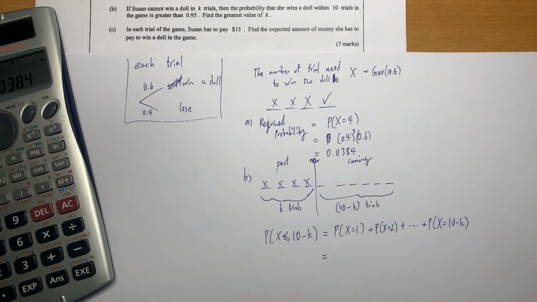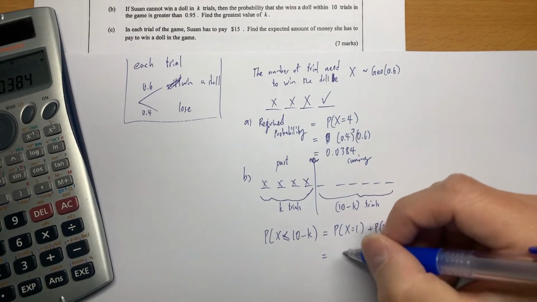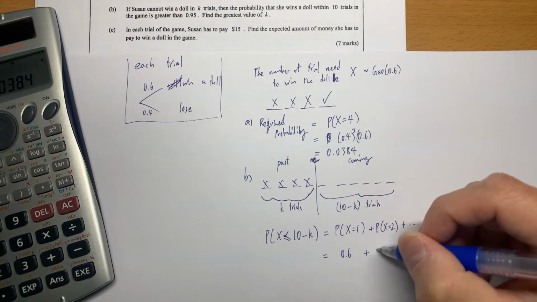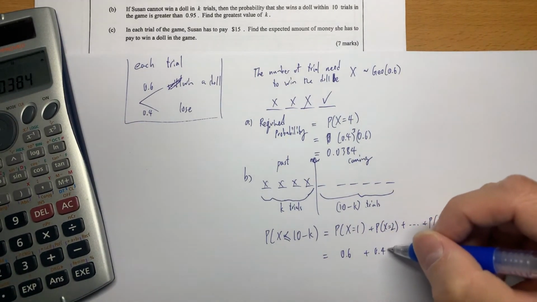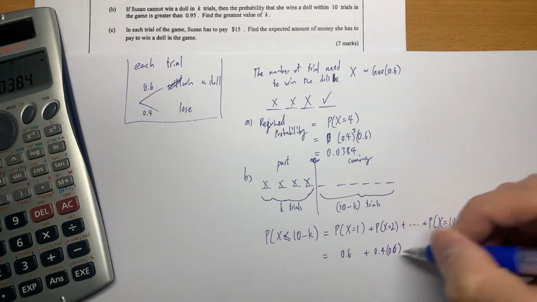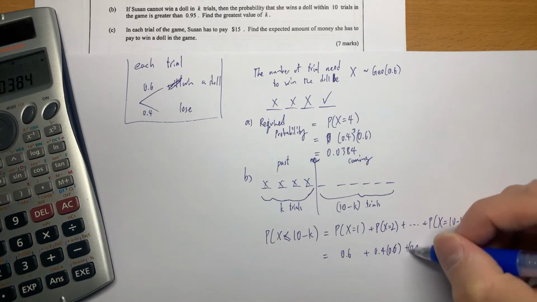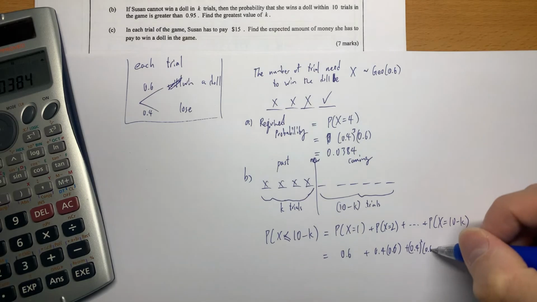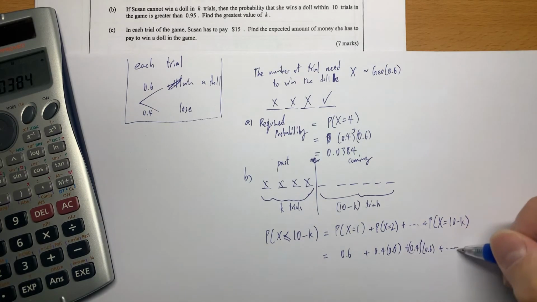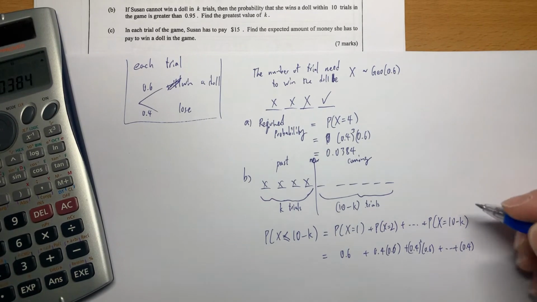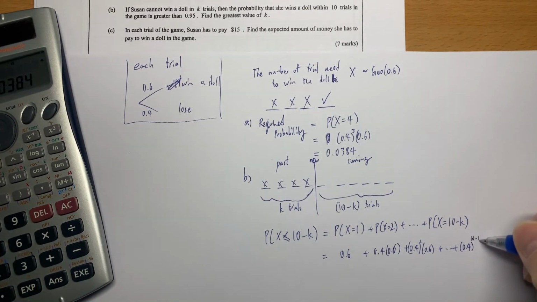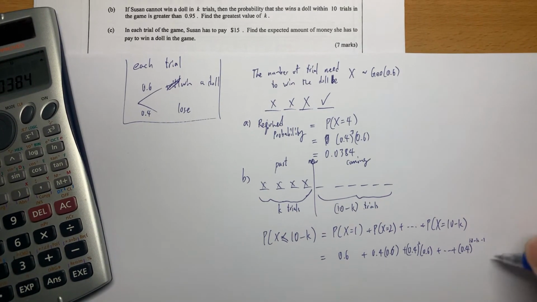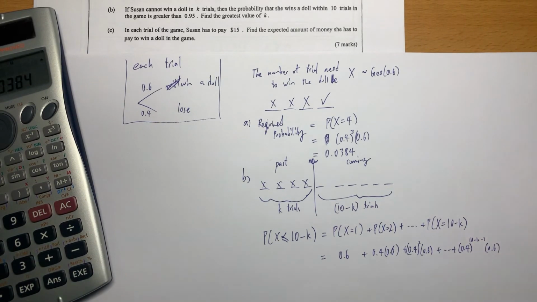So if we very straightforwardly use this method, this is 0.6 plus 0.4 times 0.6 plus 0.4 squared times 0.6 and then plus up to 0.4 to the power of (10 − k − 1) times 0.6.